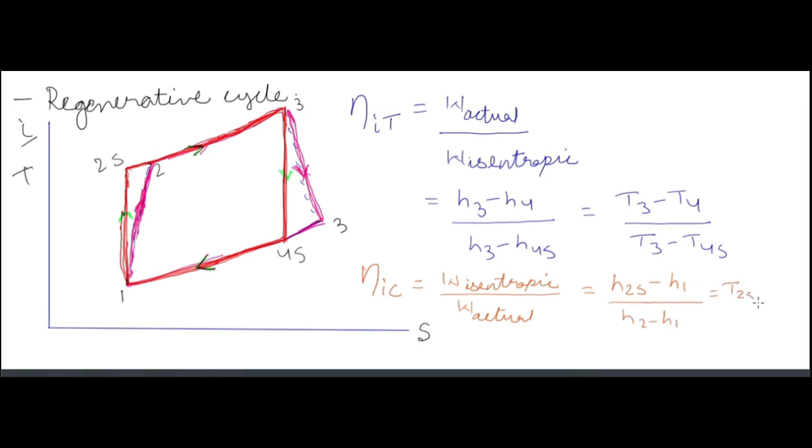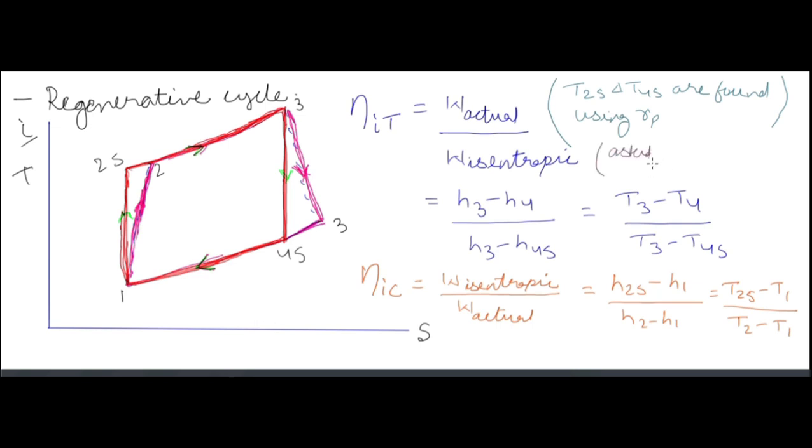In terms of enthalpy difference these are the values, and in terms of temperature these are the values. So you can compute the isentropic efficiency of the turbine and of the compressor. This topic has been discussed before also. These values T2s and T4s can be found by the pressure ratio Rp, because the pressure ratio is the same for an ideal Brayton cycle.